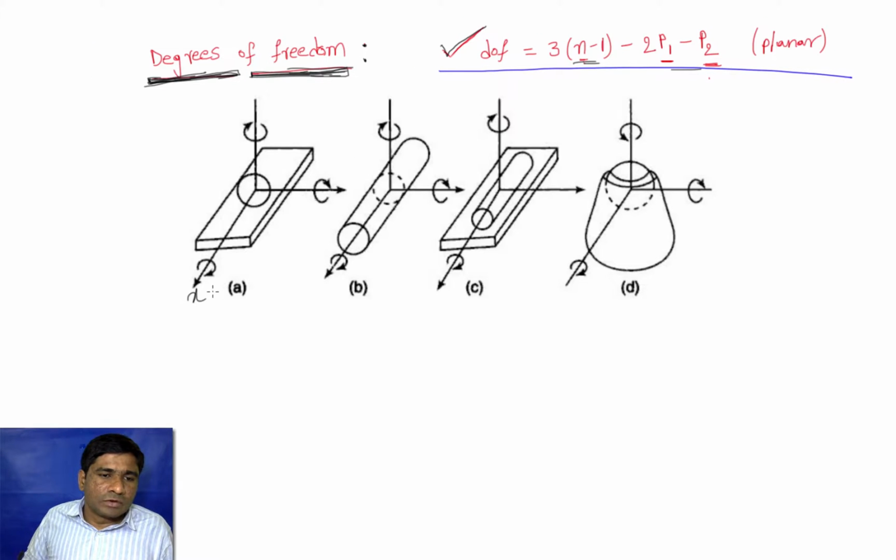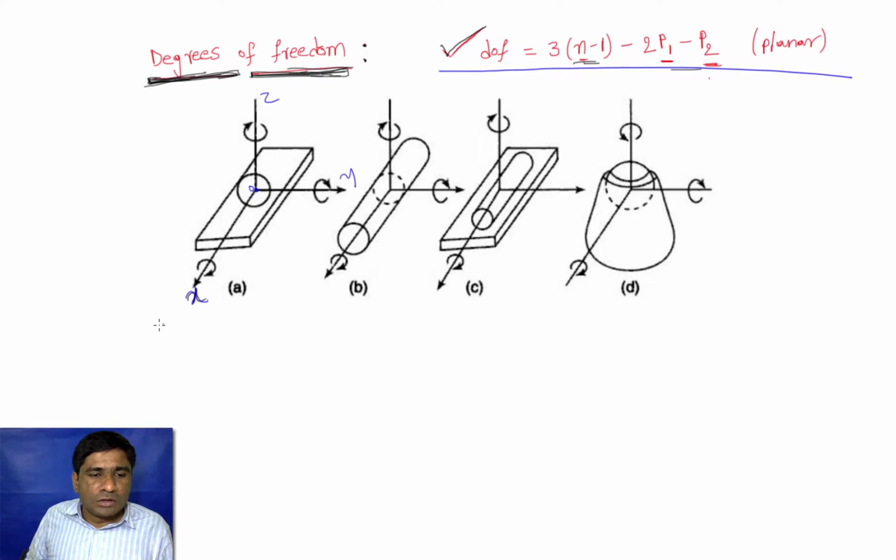In the first one we have a slab or a plane, and this is a sphere, and these coordinates are like this, and this is the origin at the center of the sphere. The sphere can travel along the x-axis and also along the y-axis, but it cannot travel along the z-axis. It can only go in the upward direction, but there is a restriction when it tries to go in the downward direction of the z-axis.